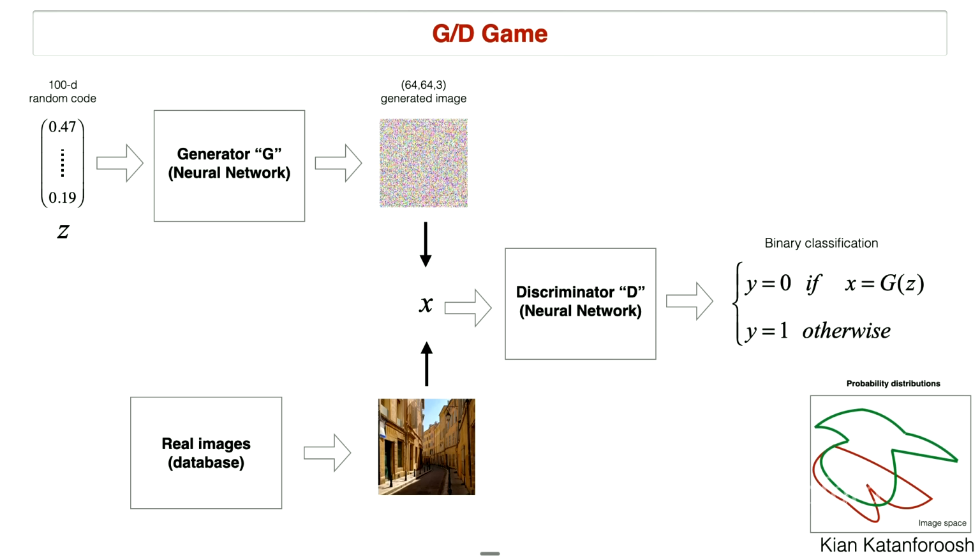The discriminator's task is a binary classification, meaning we want you to say 0 if you think that this image is fake, meaning that X equals G of Z. And we want you to say 1 if you think that the image comes from the bottom. It comes from the real database.